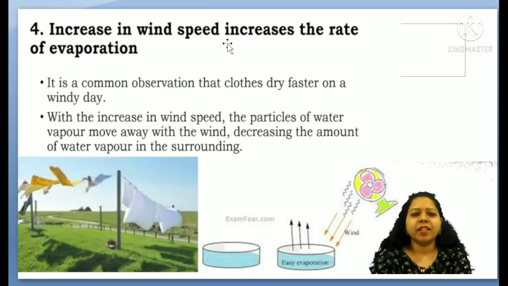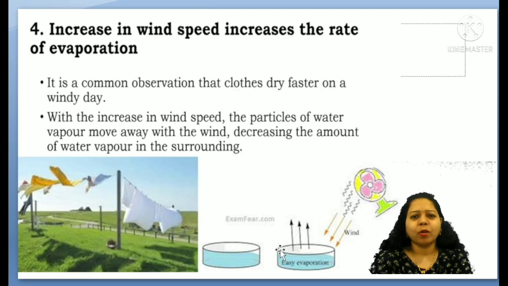Increase in wind speed increases the rate of evaporation. It is a common observation that clothes dry faster on a windy day. With the increase in wind speed, the particles of water vapor move away with the wind, decreasing the amount of water vapor in the surrounding. Now in this picture also it is shown that if the wind is more, then the evaporation takes place fast, and that's why our clothes get dried in less time.